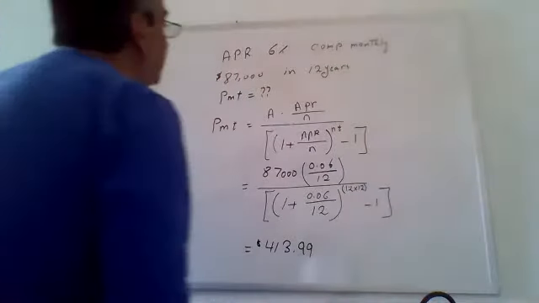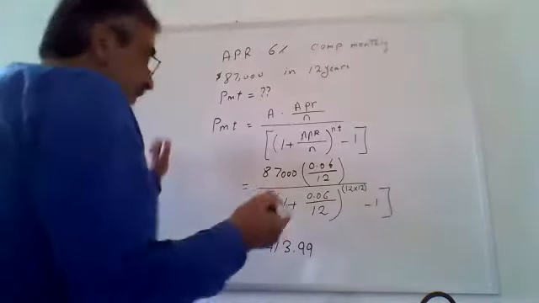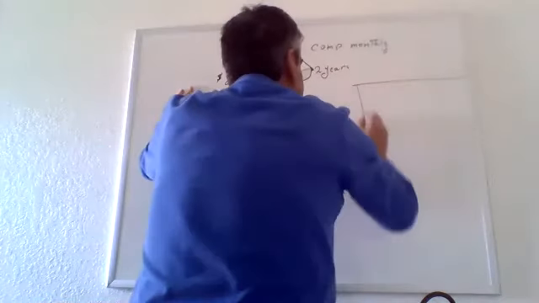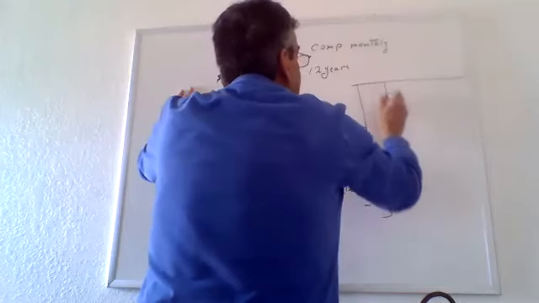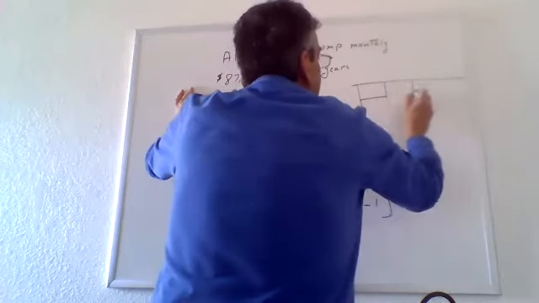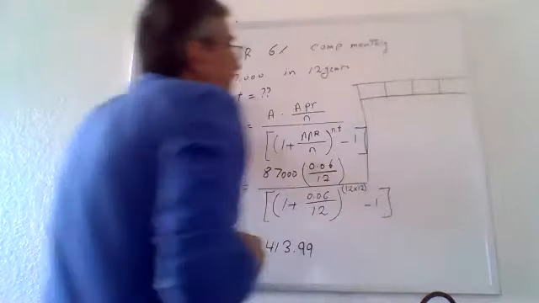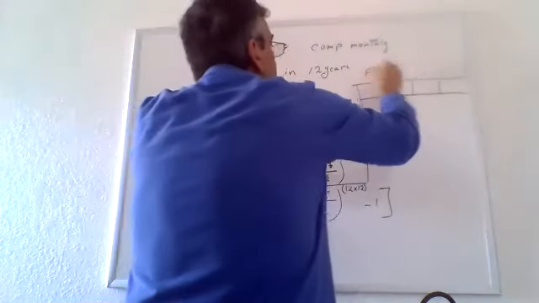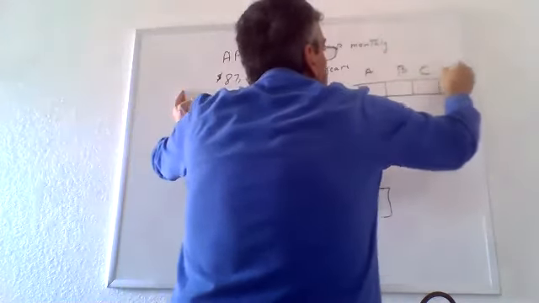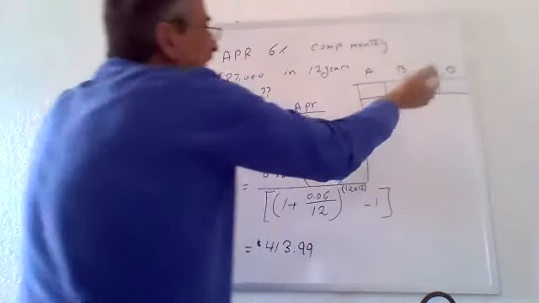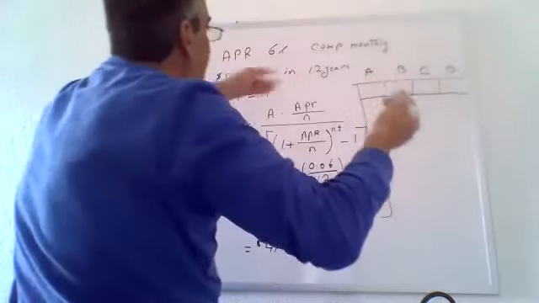Okay, let me go ahead and do this. I say this is an Excel sheet. Let's use cells A, B, C, and D. In A, you can start with any amount you want, with any of the information you have.